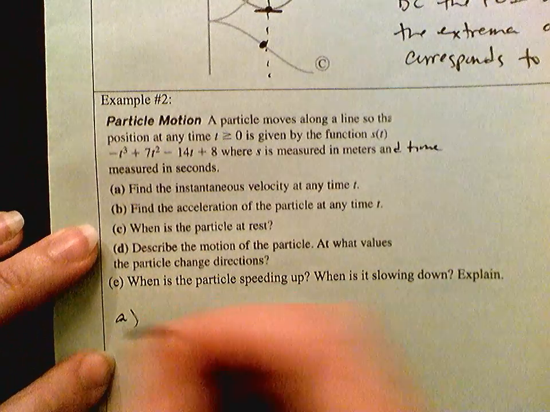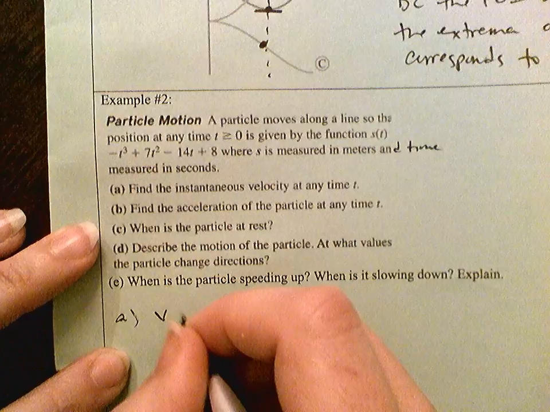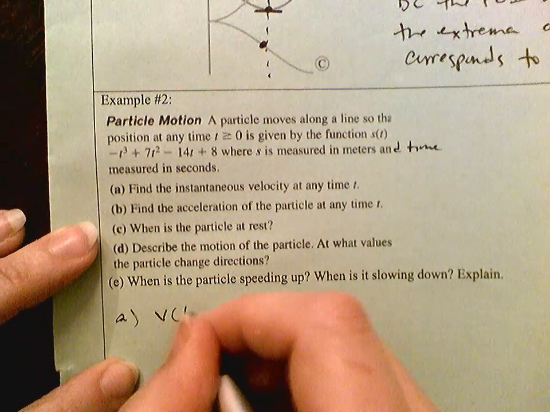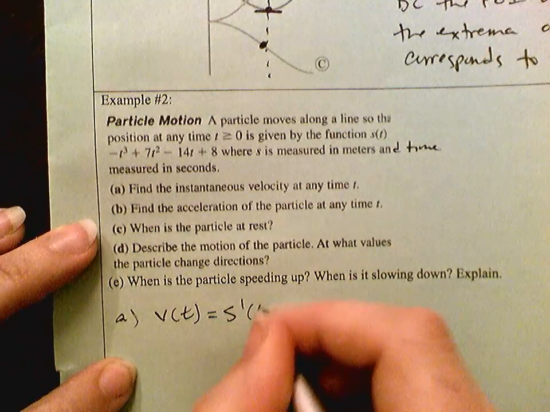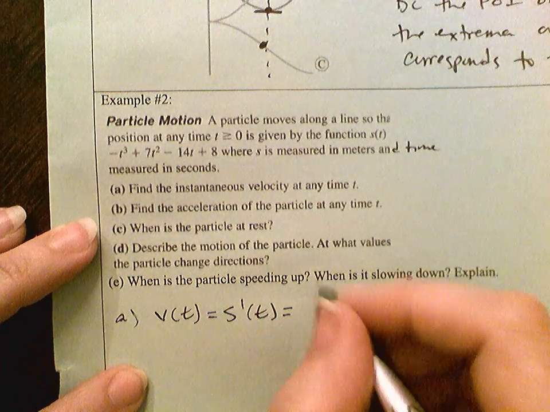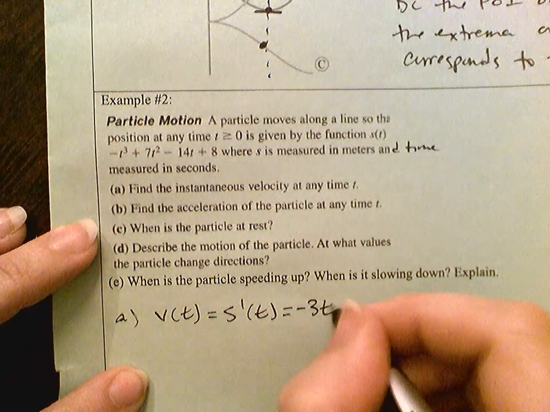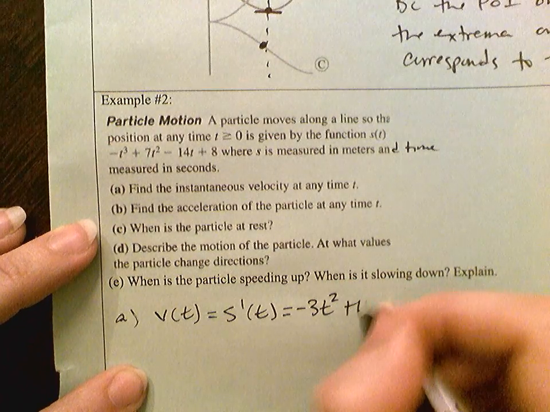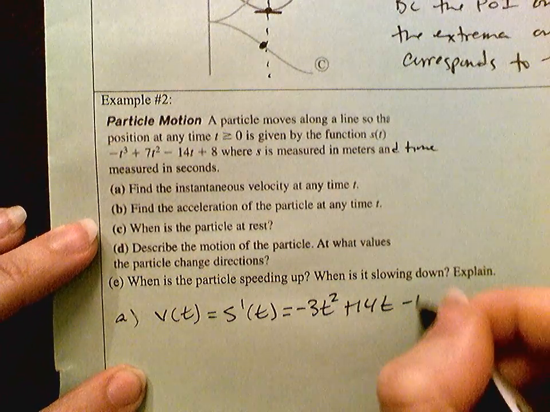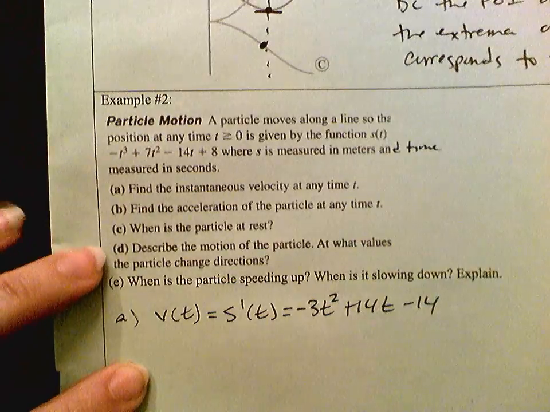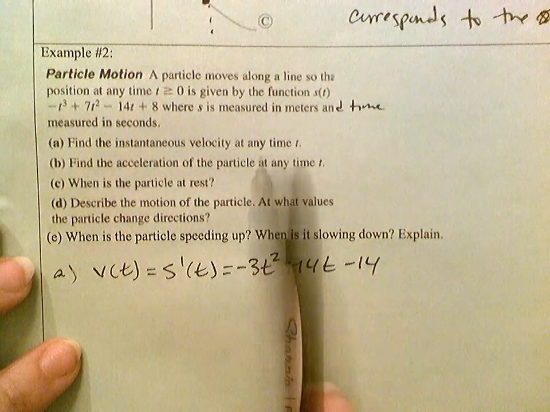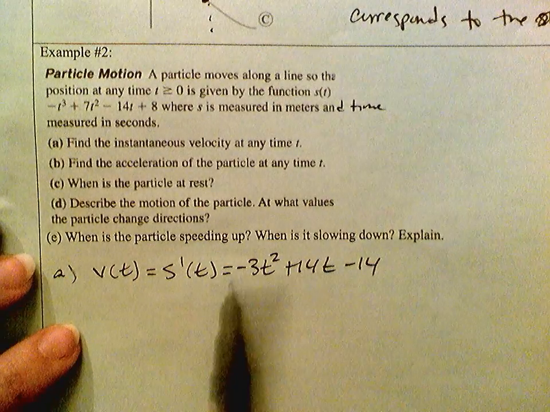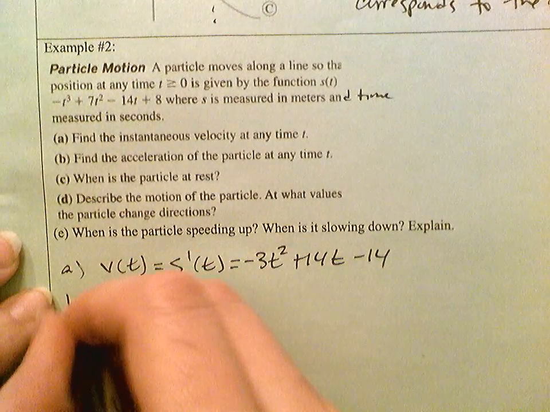So first, I just have to remind myself, and go ahead of me, guys, if you'd like, that the velocity is the first derivative of the position function, negative 3t squared plus 14t minus 14. Once you've got the velocity function, it will give you the velocity at any time t.